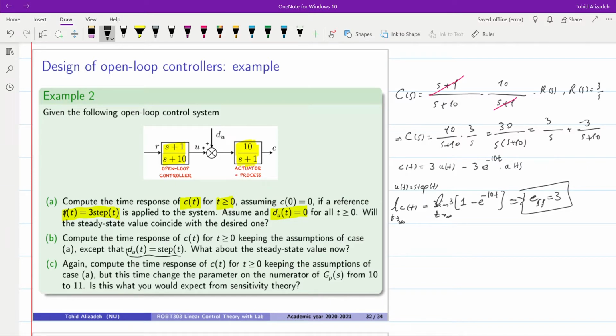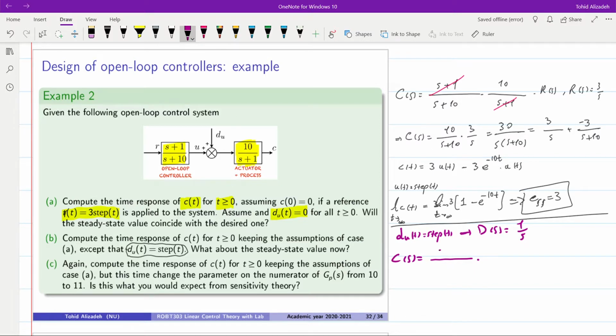Now in part B, we want to compute the time response, keeping the same assumptions, but this time we assume that the disturbance is present as well. So d of t is equal to u of t, step of t, or D of s is equal to 1 over s. Now the output C of s will be equal to R times Gc, the controller, times Gp, plus D times Gp, because we can use the superposition principle.